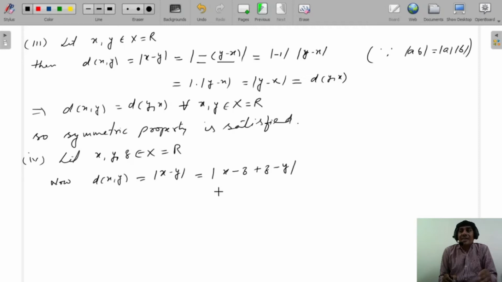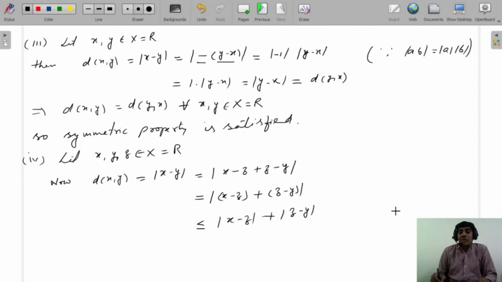We add z and subtract z, there is no change, which is equal to modulus of x minus z plus z minus y, which is less than or equal to modulus of x minus z plus modulus of z minus y, because we know that modulus of a plus b is always less than or equal to modulus of a plus modulus of b, which is equal to d(x,z) plus d(z,y).